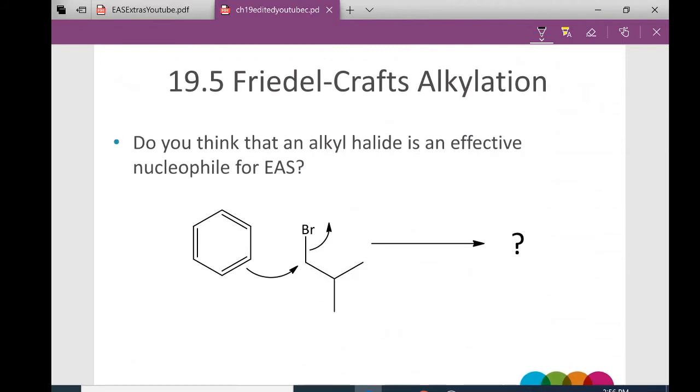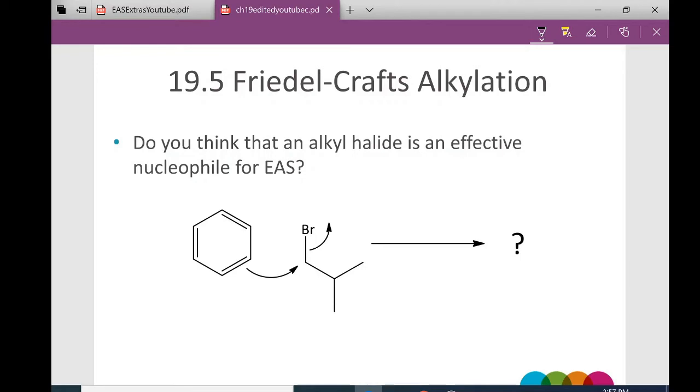So the next reaction is alkylation, and in this case it's called a Friedel-Crafts alkylation. And this reaction is going to put an alkyl group on a benzene ring. Now we haven't seen too many ways up to this point to add a carbon chain to our molecule. So we've seen a few of those. We've seen a Grignard reaction.